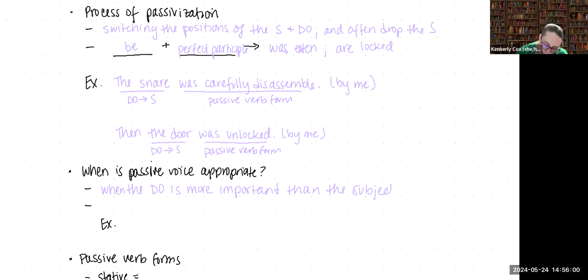Okay. And this happens quite a lot in science writing. Right? The samples were collected. It does not matter who collected them. It's all about what, right? Like the fact that the samples were collected.